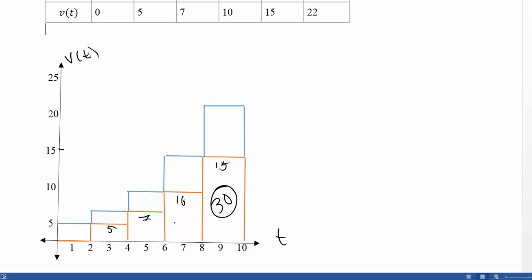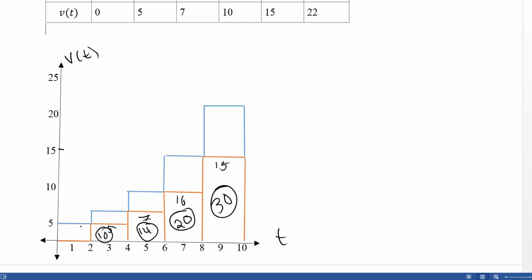We have 2 times 10, which is 20. 2 times 7, which is 14. And 2 times 5, which was 10. We'd also have 2 times 0, but that's 0. And it was adding those numbers together that gave us the 74. So this is, again, a left-hand estimate. That's what we're doing. We're turning each time interval into a rectangle.